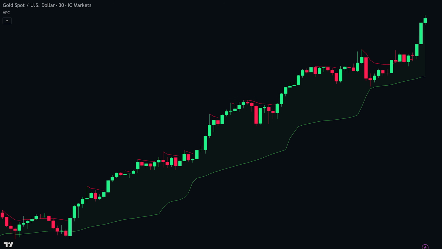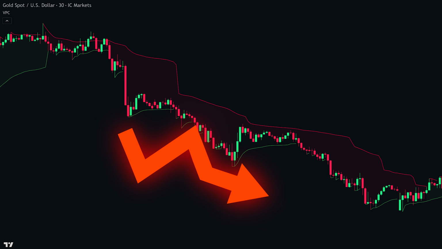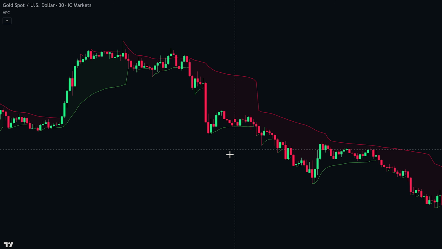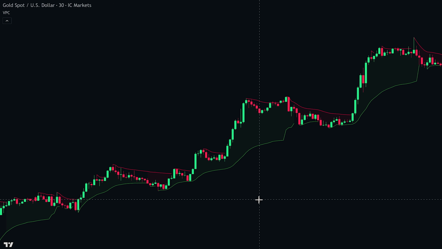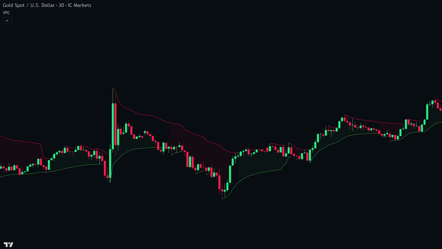Every time price pulls back and bounces off the green VWAP line, it often pushes higher again. When the channel flips red, price is trending lower. Each time price retests and rejects from the red VWAP line, the market usually moves further down. It's simple to spot. The VWAP lines track trend and volume together. Price reacts at those levels, and those reactions create clear trading opportunities right on your chart.